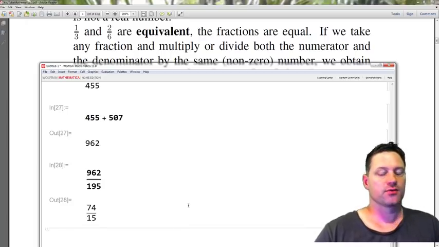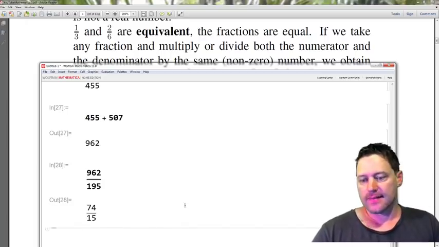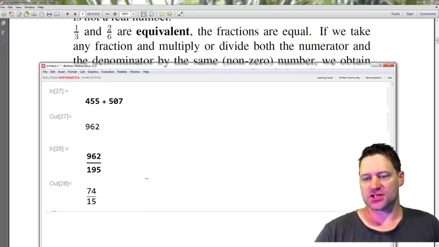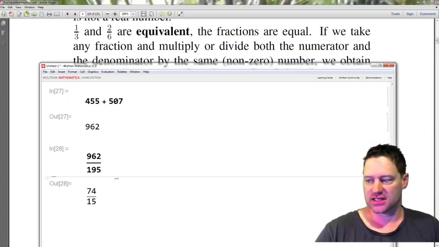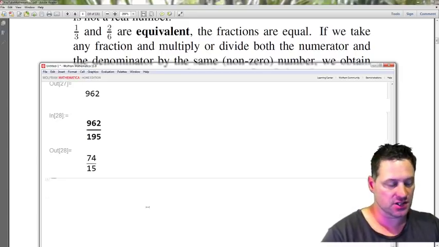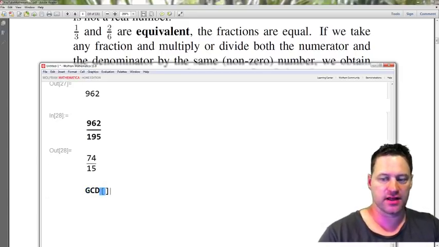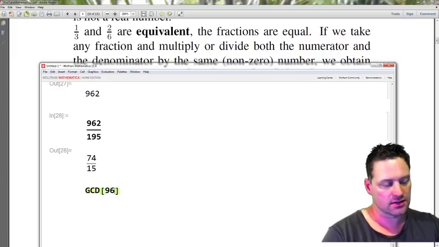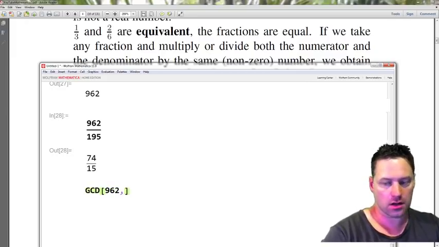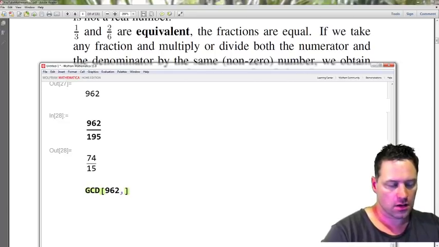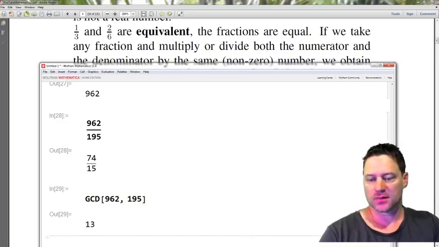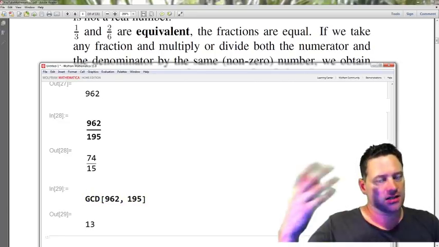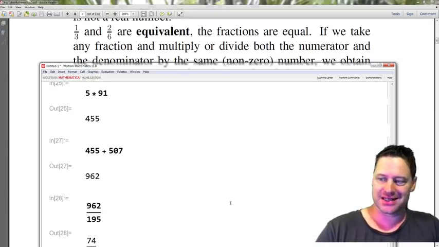Yes, there is something to reduce. We can probably divide a 13 out. Okay, let's just check while we're at it. What is the GCD, greatest common divisor, that we are dividing out? GCD of 962 and 195. Okay, the GCD is 13. So we're dividing throughout by 13.